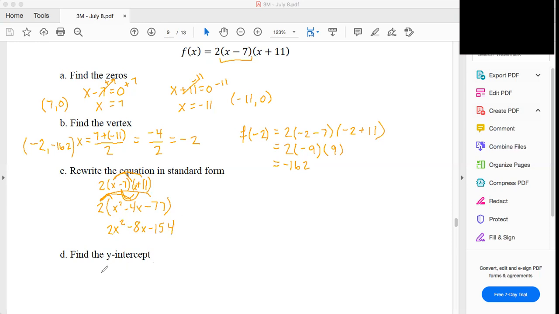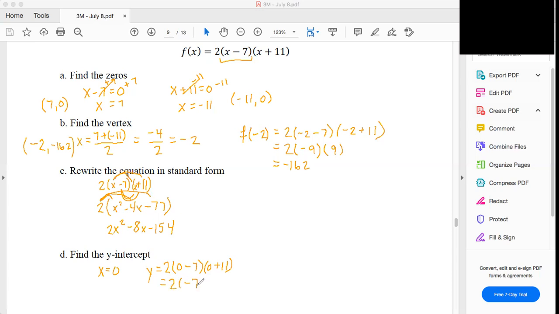To find our y-intercept, you put x as 0 in our equation. So y is equal to 2 times 0 minus 7 times 0 plus 11. Close that bracket.